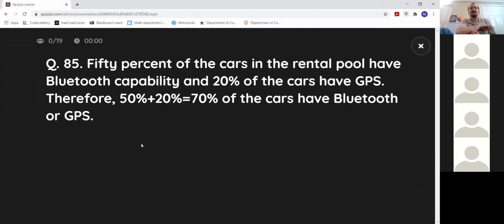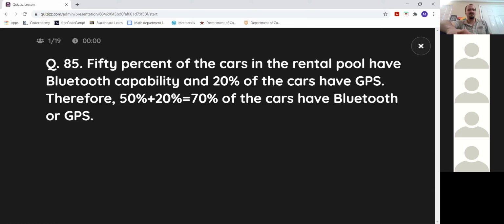This question, is it 20% of the cars that have Bluetooth? No, okay, of the total cars. This is getting at something that is going to come up again and again later, but they're throwing it out here. 50% of the cars in the rental pool have Bluetooth, and 20% of the cars in the rental pool have GPS.